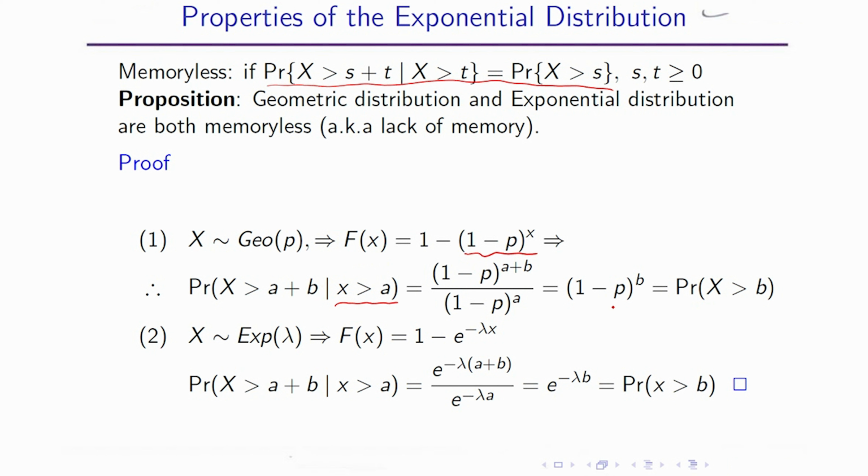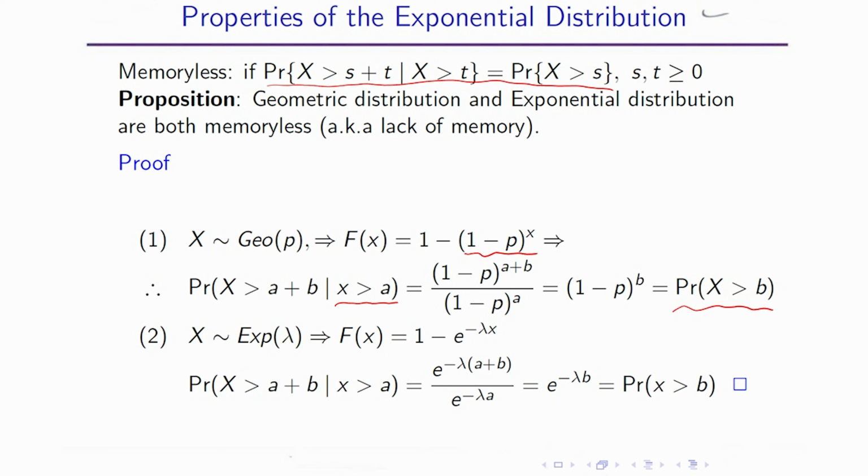So we get (1 minus p) to the power b, and that is the probability of X greater than b. So conditioning on X greater than a, the probability that X is greater than an extra b is equivalent to this probability without any conditioning.